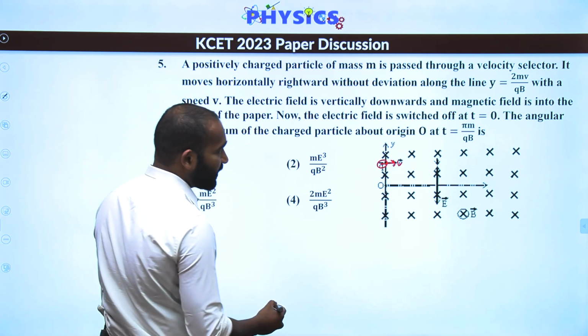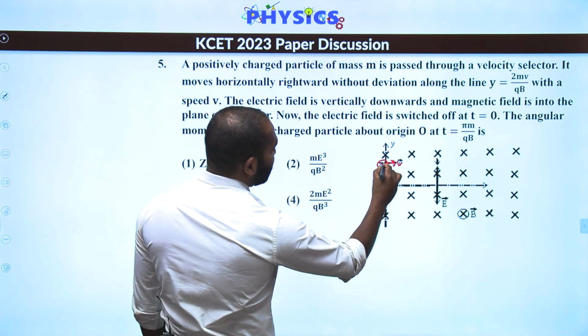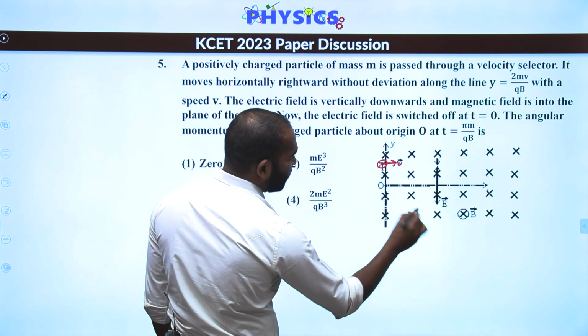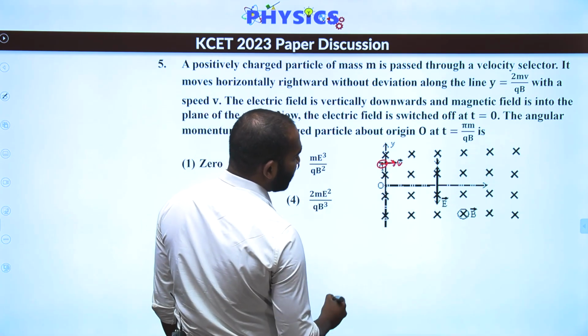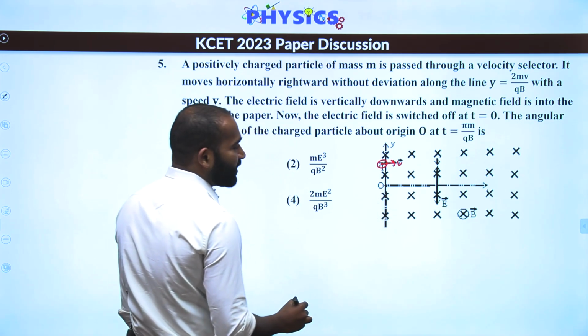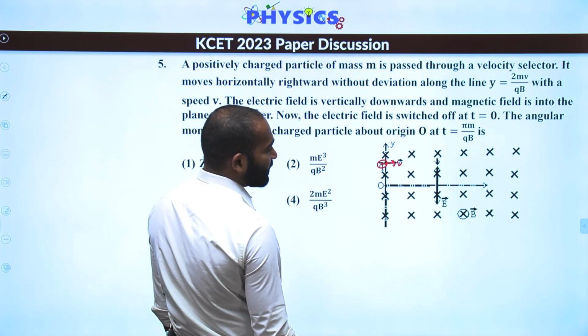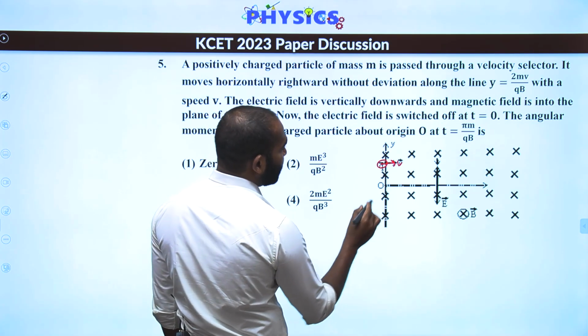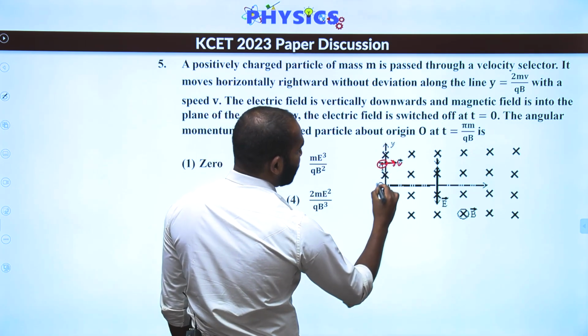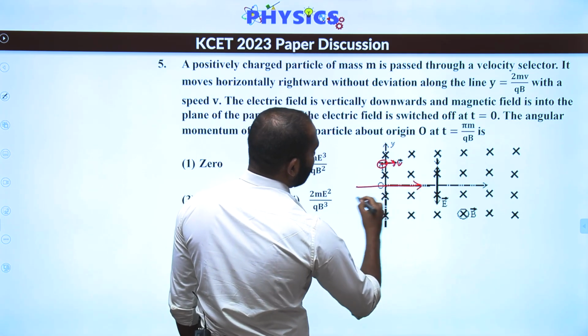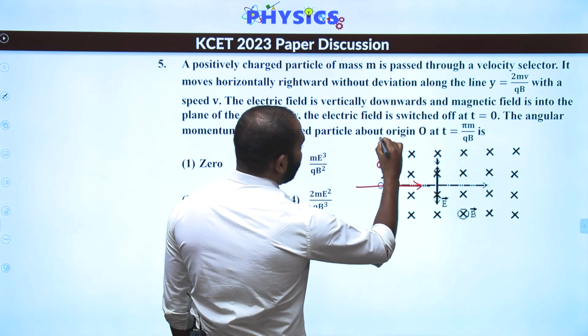First of all, we know that the moment the charged particle enters the field here, the electric field is 0. So it is moving with speed v. And if you look at the direction of the magnetic force, because that is the only field which will exert a force, v cross B will be upward. So if this is the origin, the center will be somewhere here, let's say.